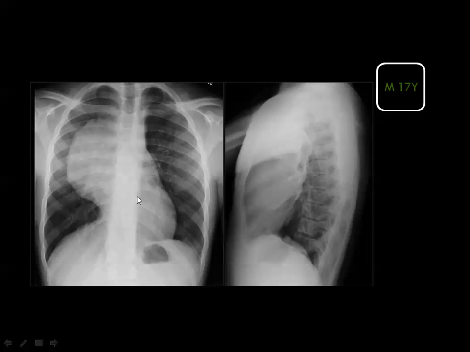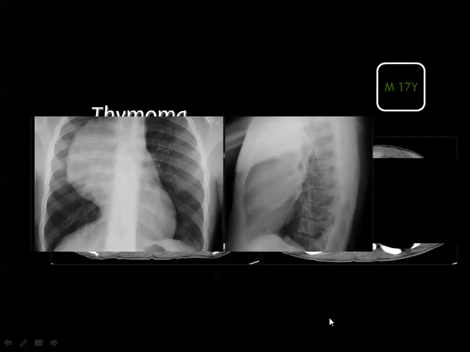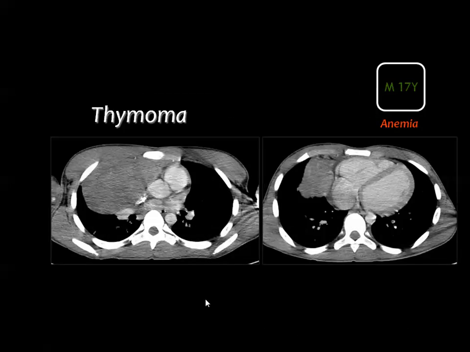And in this chest X-ray, you see a mass which is related to the right mediastinal border. In the lateral view, the mass is projected in the anterior mediastinum. The CT scan showed an anterior mediastinal mass protruding mainly to the right side, and this was proved to be a thymoma.